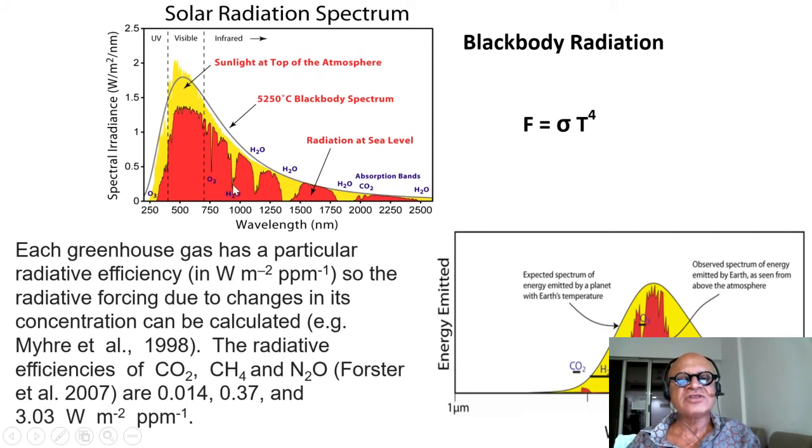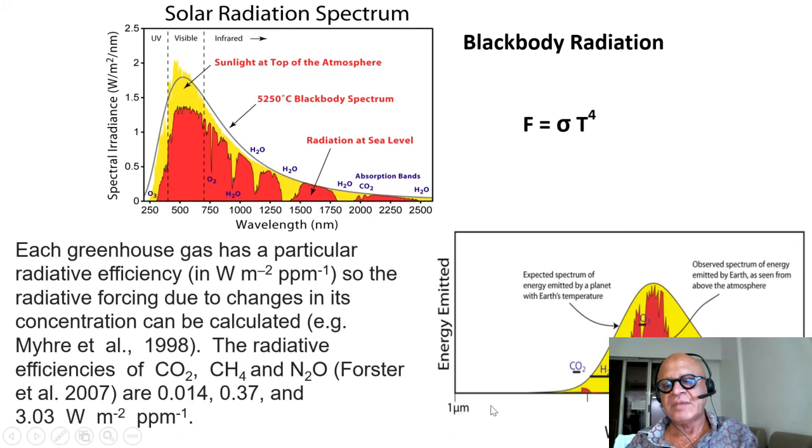So you can see that certain gases like H2O can be sensitive to both the short waves and long waves, whereas, so this is in nanometers, and Earth's energy emission spectrum is distinctly separate from sun's energy coming in.